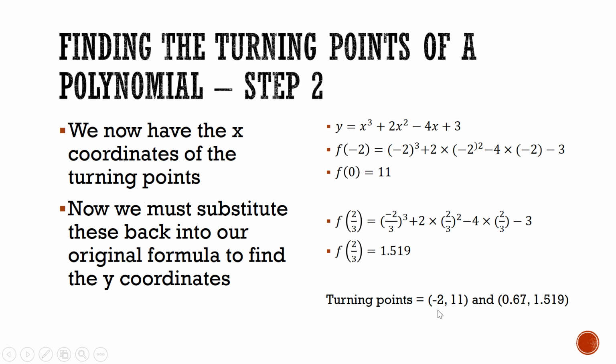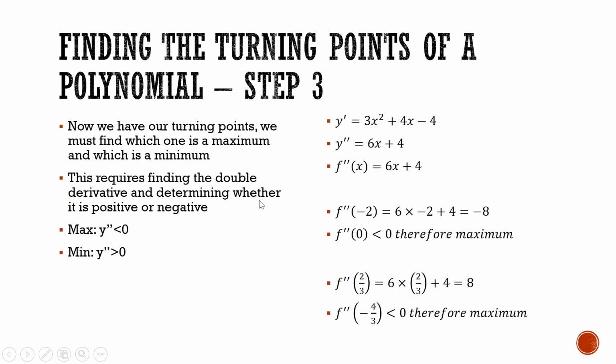Just substituting back in. Step 3, we need to figure out whether they are maximums or minimums. Remember, if the double derivative is positive, it's a maximum. And if the double derivative is negative, it is a minimum. First of all, we need to work out the double derivative.